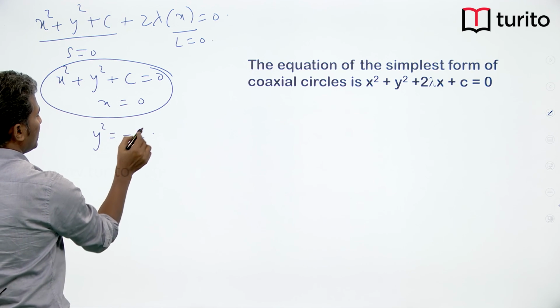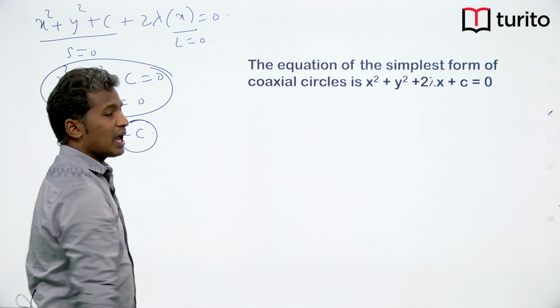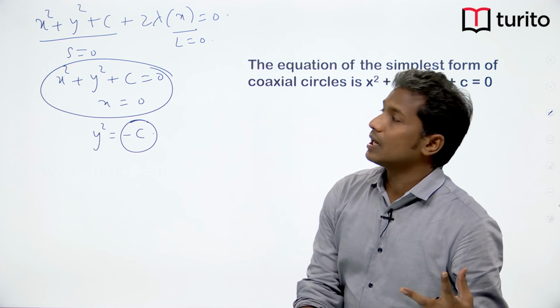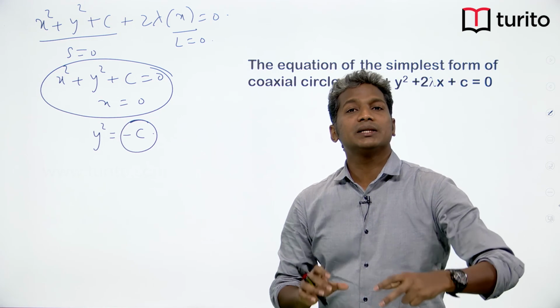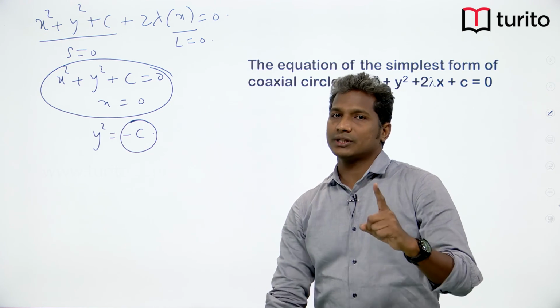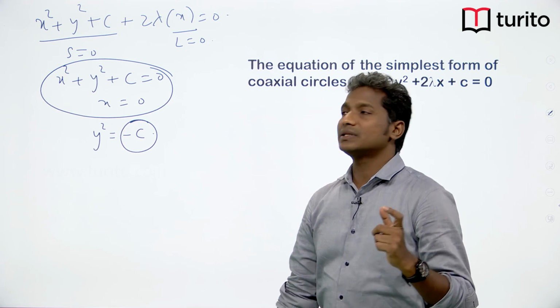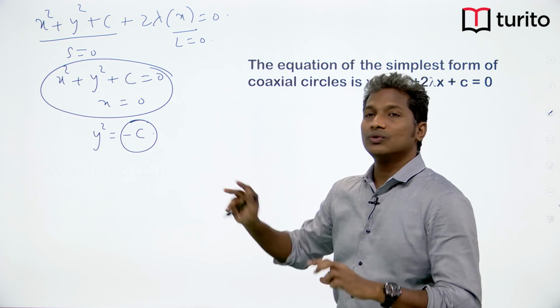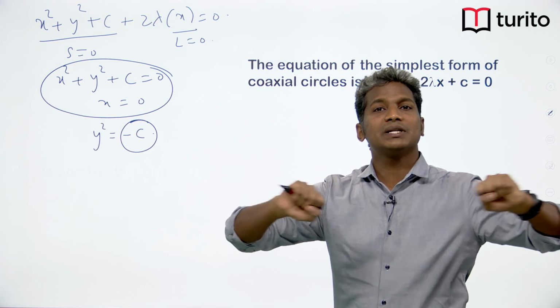So, if y has two solutions, it means there are 2 points at which the system will intersect. If y has only one solution, then the system will touch. If y has no solutions, then that system is apart.